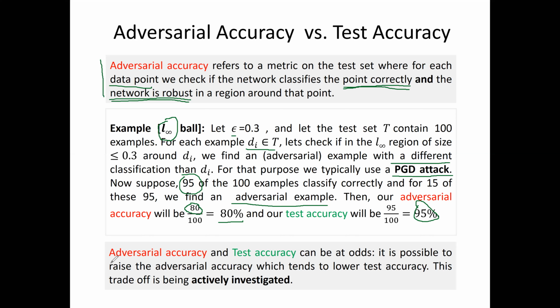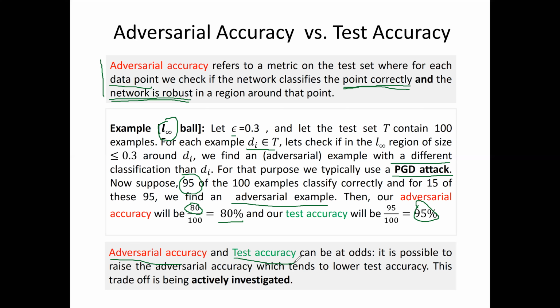Now, one interesting point here is that this adversarial accuracy and the test accuracy, the natural accuracy, tend to be at odds. They tend to be a little bit in conflict. So you can end up in a situation where you have some model with some test accuracy, like here we have 95% and adversarial accuracy of 80%, but it is possible that when you perform adversarial training, which we're going to see in the next few minutes, the test accuracy drops.